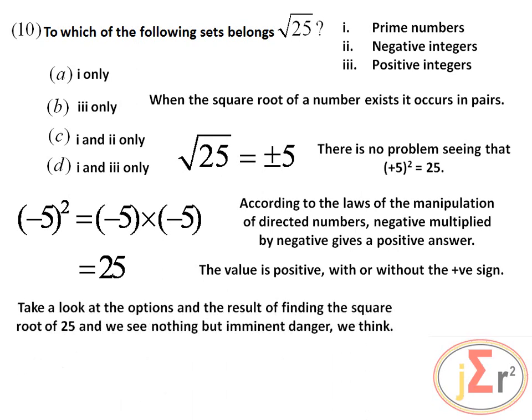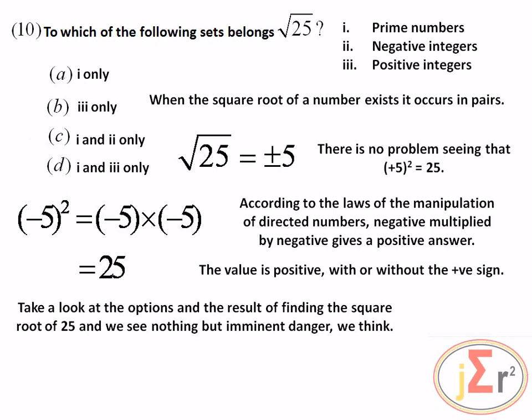So, when we square a positive 5, we get a positive 25, and when we square a negative 5, we get a positive 25. Therefore, the square root of 25, we are sure, occurs in pair.